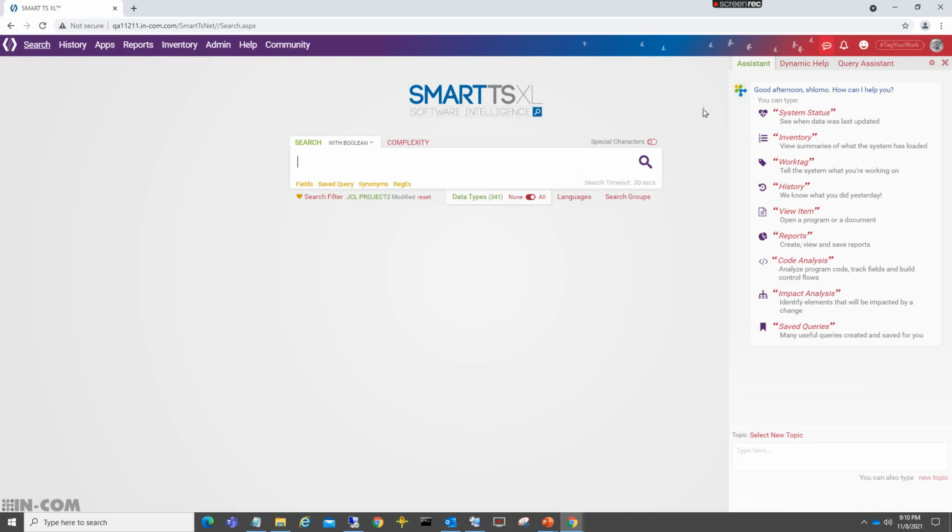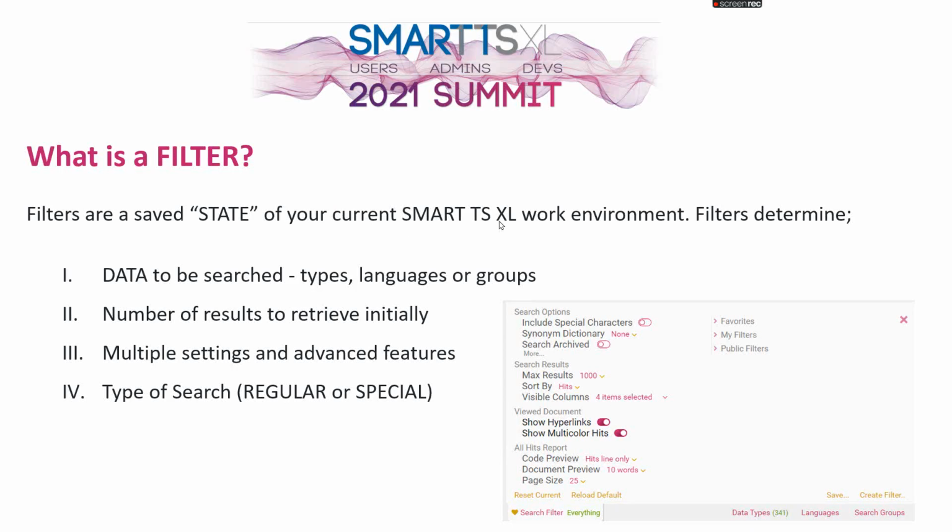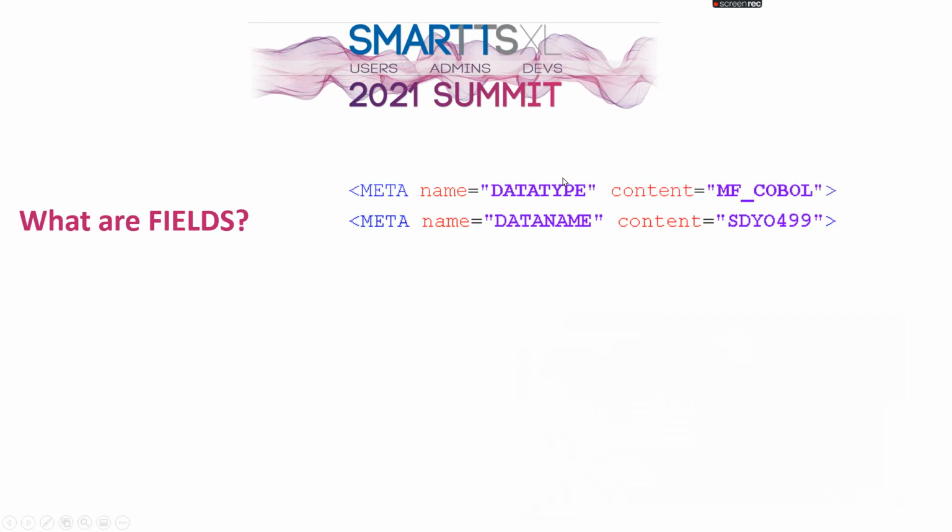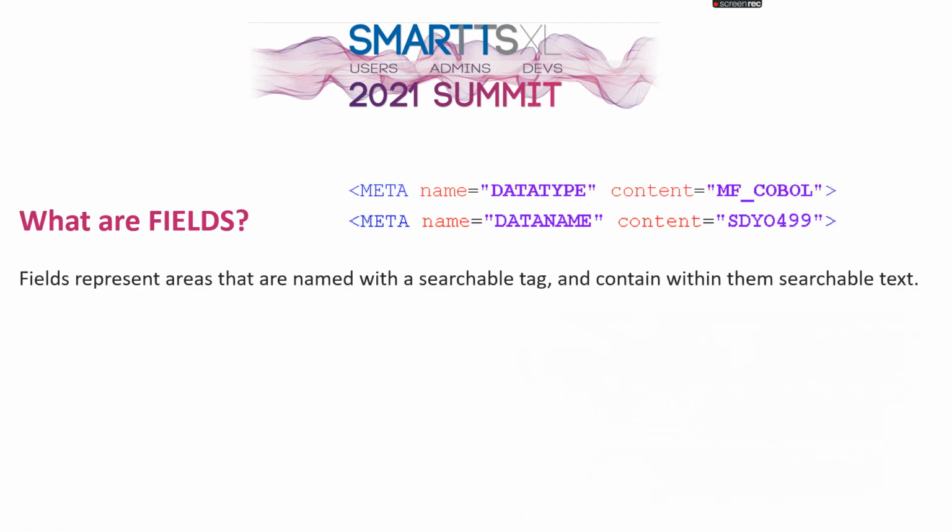All right, let's move on and talk about fields. So what are fields? Fields represent areas that are named with a searchable tag, like data type or data name, and contain within them searchable text, like this data type is COBOL, MS COBOL, and this data name is SDY0499.